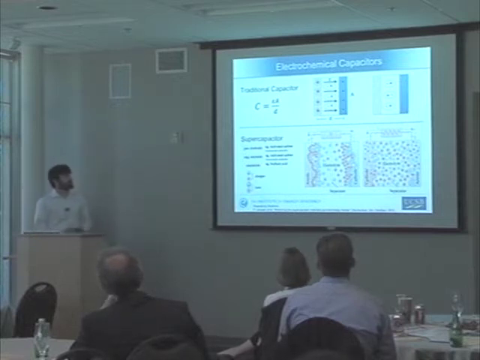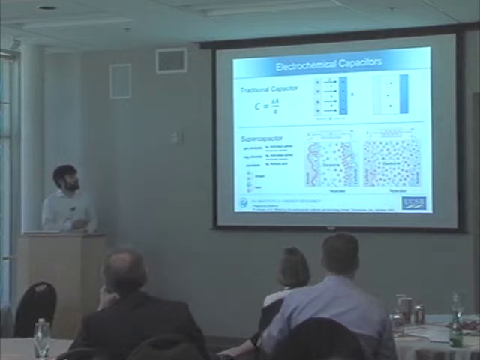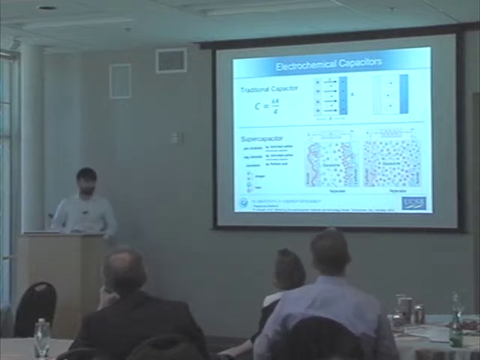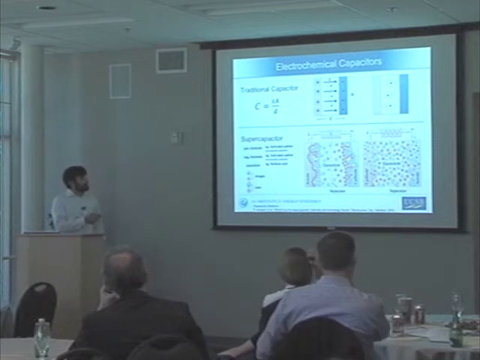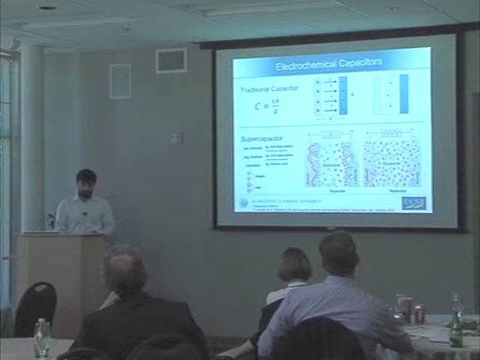Capacitance is a measure of how much charge you can separate for a given voltage. It's proportional to the permittivity of the dielectric times the area of your conductive plates divided by the distance between the plates. We can engineer materials to have high permittivities, but to increase the area and decrease the distance between plates, we have to manufacture extremely thin structures, which is difficult to do without defects.